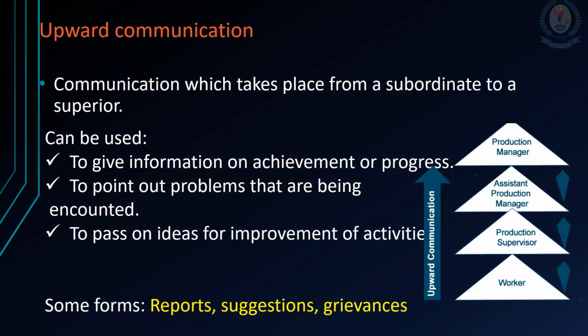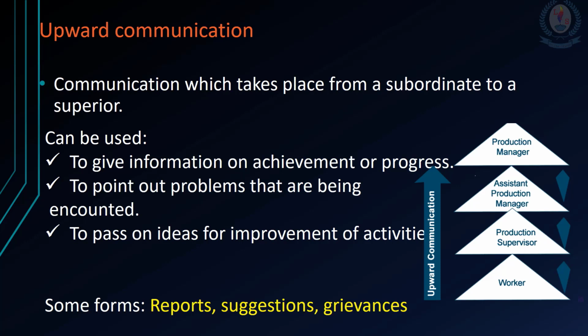Okay, now we are going to learn upward communication. Simply we can say it is communication which takes place from a subordinate to a superior, or in another way, information flowing from lower levels of a hierarchy to the upper levels. According to the flow chart here, you can see upward communication happening. How does it happen?